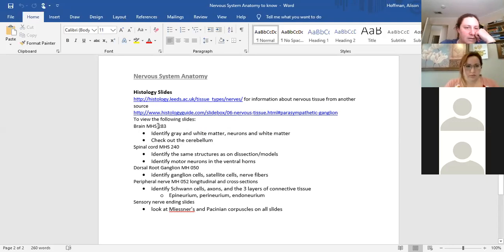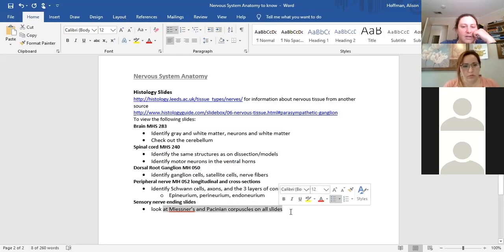So 1, 2, 3, 4, and then I'm just calling that 5. But like I just showed you, you can look at just that one slide or you can look at all of them to see these two different structures. You just have to be able to identify these two structures on close-up for those sensory nerve ending slides.